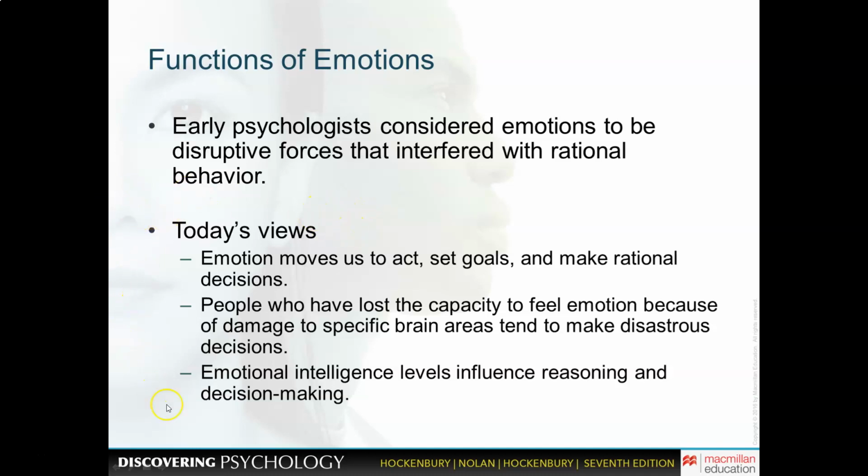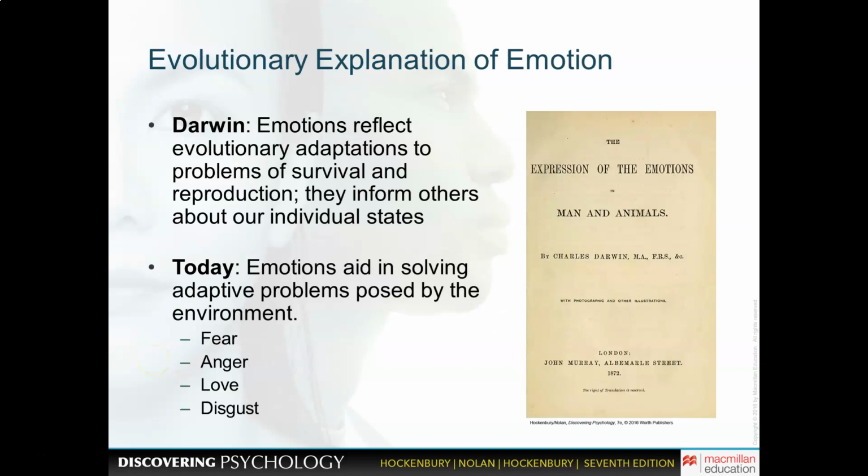And here's a list of today's views about emotions. I highly recommend you take a look at those. Here's an example of what Darwin thought emotions were in the beginning. He said that emotions reflect evolutionary adaptation to problems of survival and reproduction.